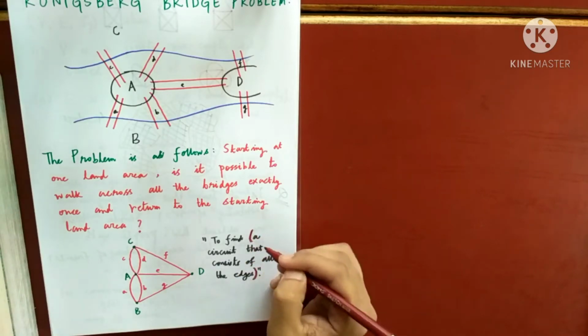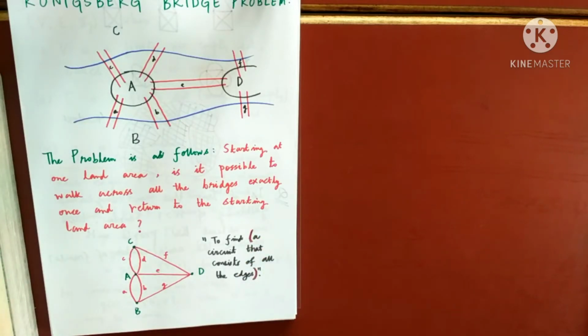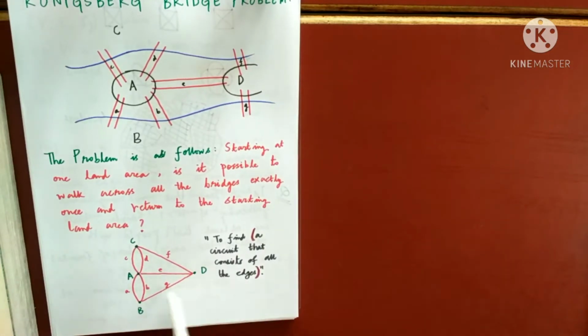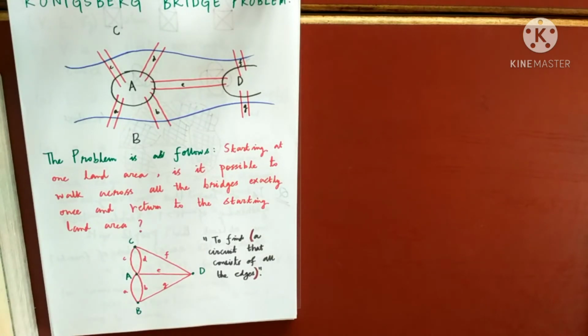Now we will give a very special name to this circuit. A circuit which consists of all the edges of the graph will be called an Euler circuit. So you have to find an Euler circuit in this graph, and let's write down the definition of Euler circuit.